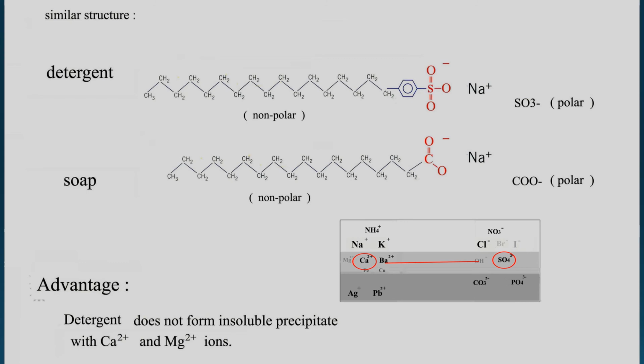As you see, calcium sulfonate in detergent is medium soluble, but calcium with carboxylate, like soap COO, is even less soluble, which more easily precipitates as scum.